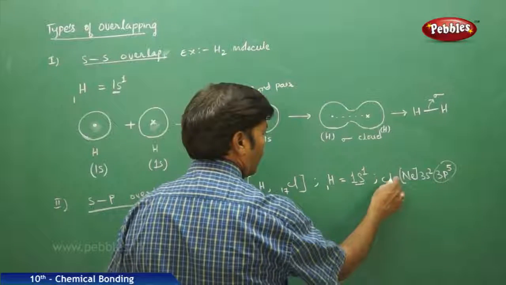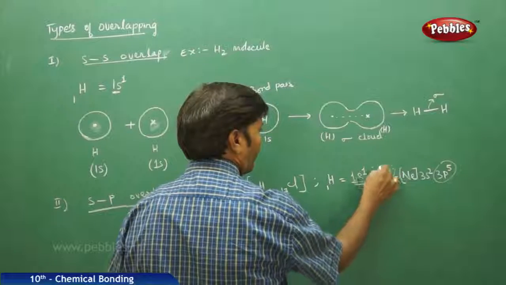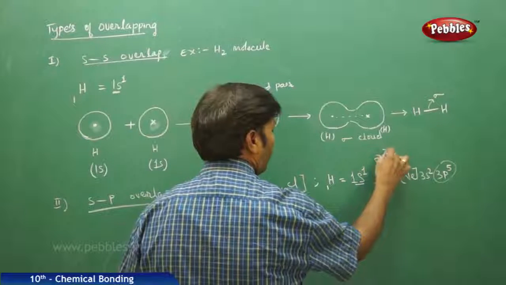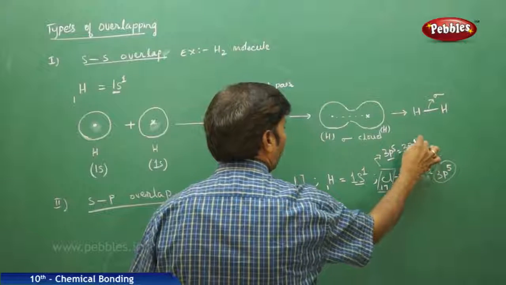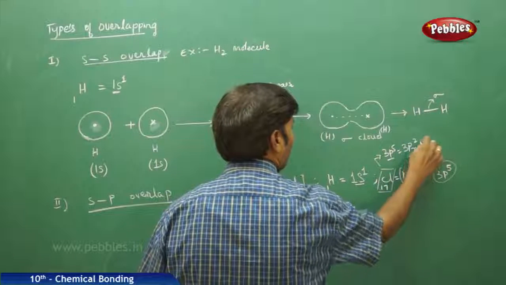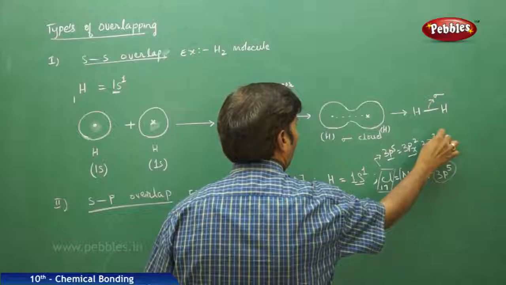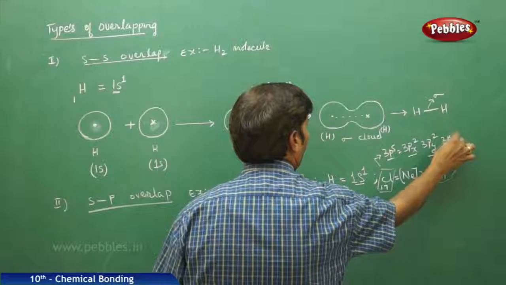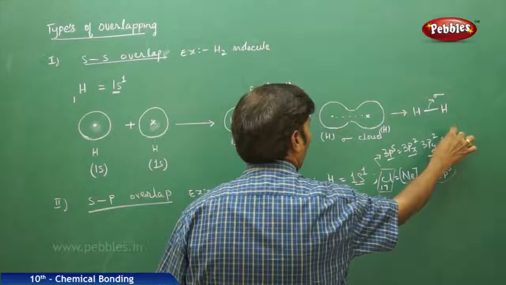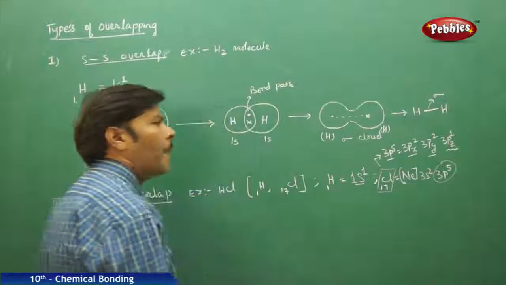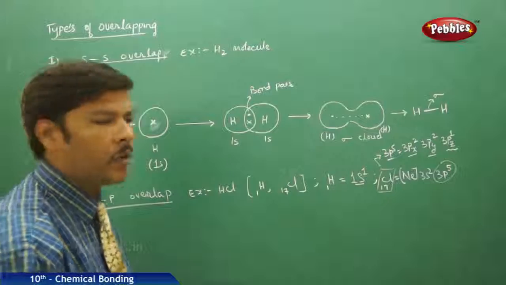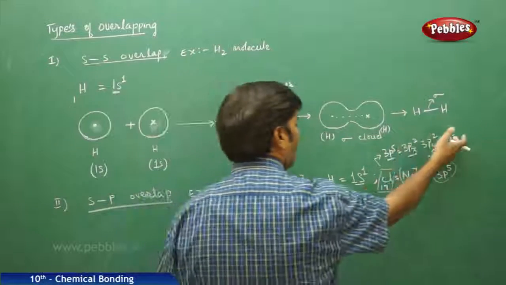You can show this 3p5 of chlorine in the form of 3px2, 3py2 and 3pz1. We can see that in the 3pz atomic orbital, we have one unpaired electron.